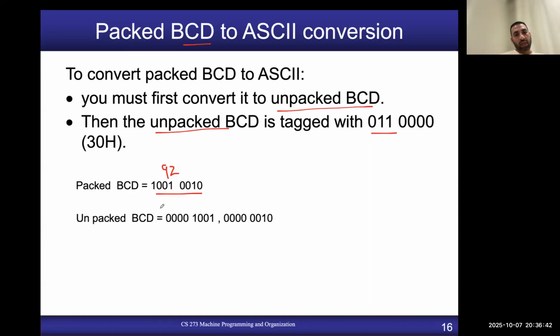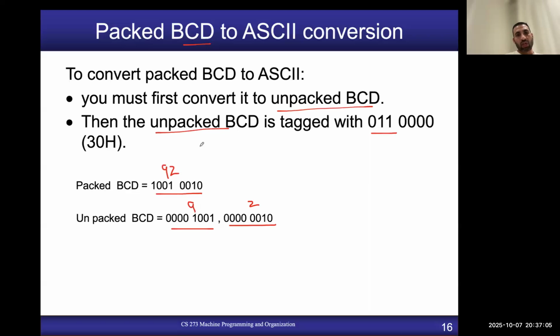So first we need to unpack it. Unpack means we will use 8 bits for the BCD code of 9 and then 8 bits to represent the BCD code of digit 2, right? So here we have the 8-bit unpacked BCD of digit 2, and this is the 8-bit BCD code of digit 9.